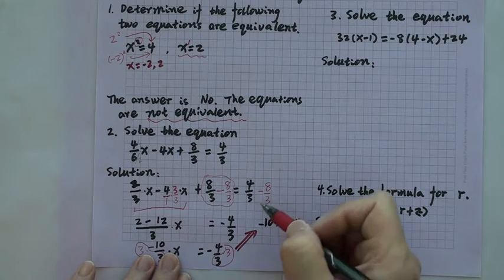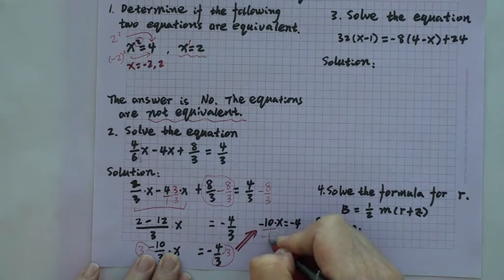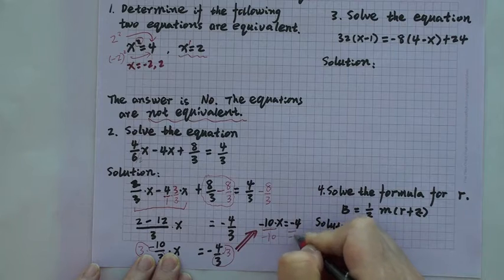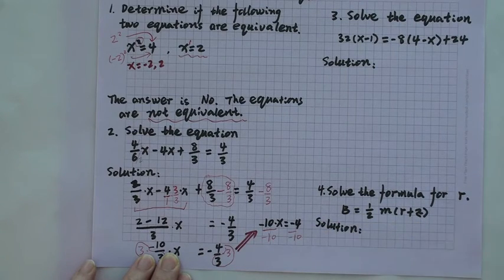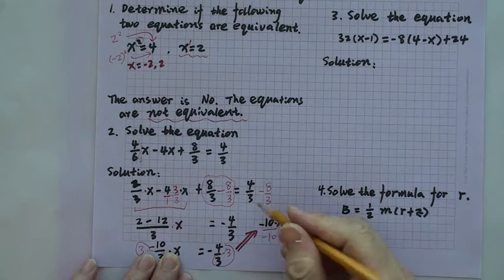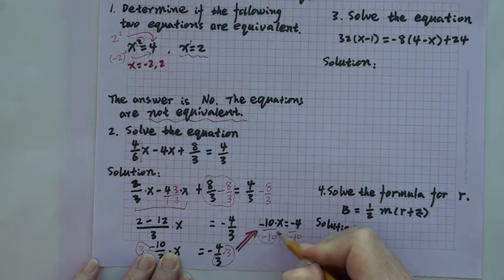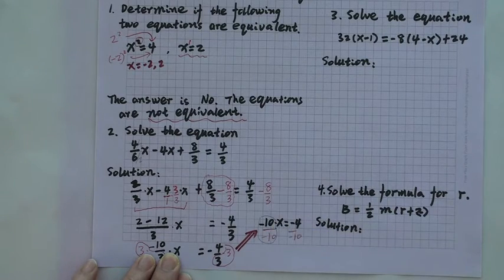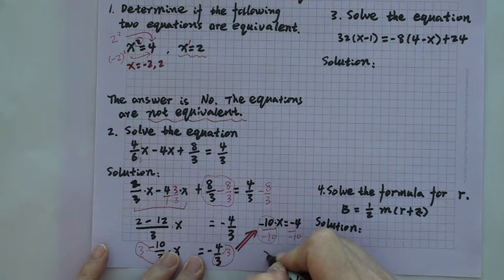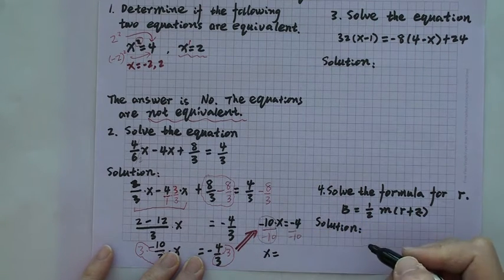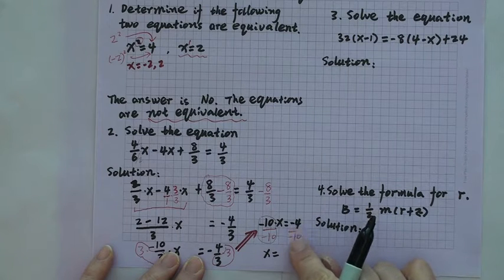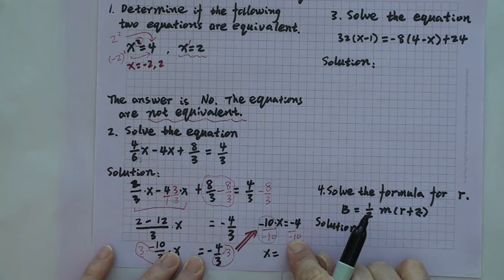So you want to divide both sides by -10. And again, -10 divided by -10 is 1, so the left-hand side will be x. On the right-hand side you have a negative divided by a negative, which is positive.